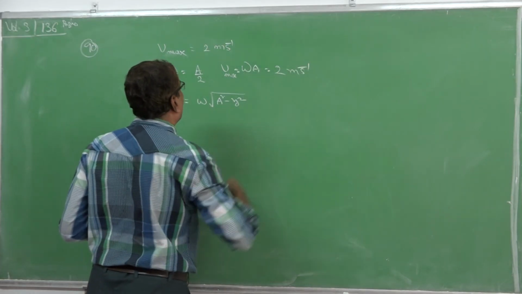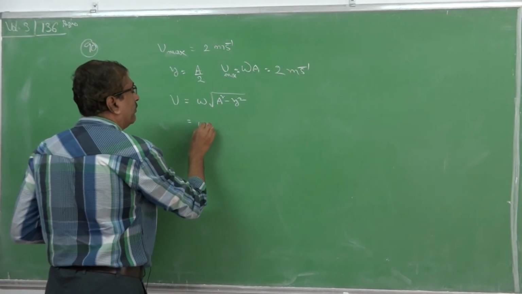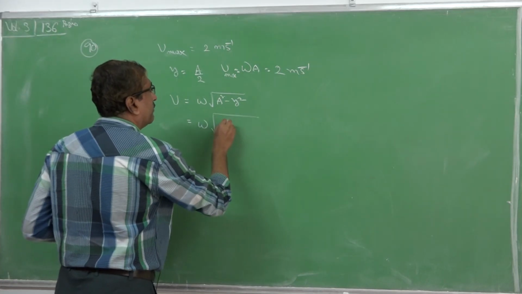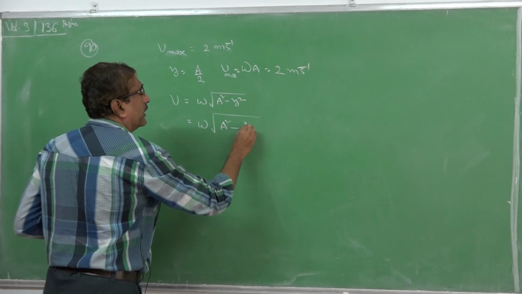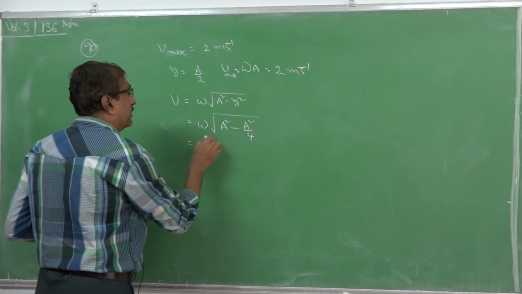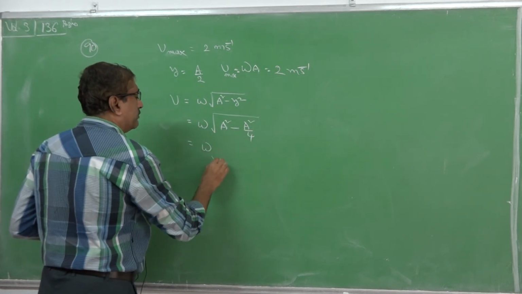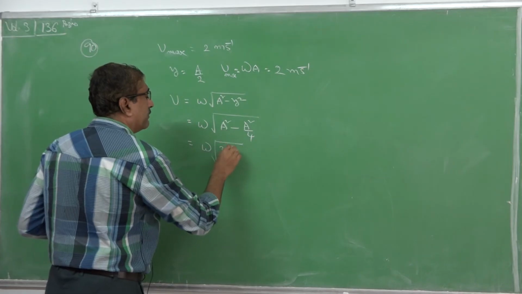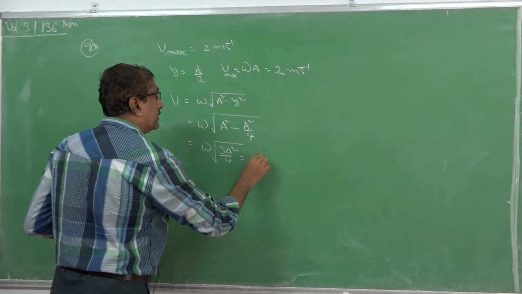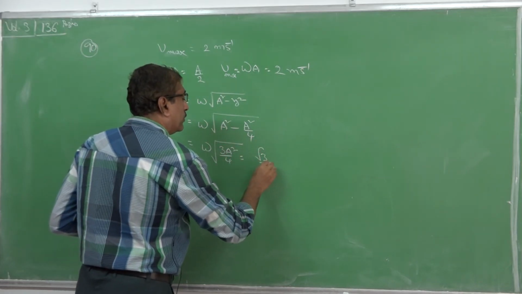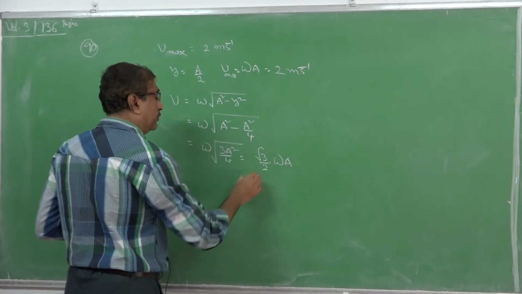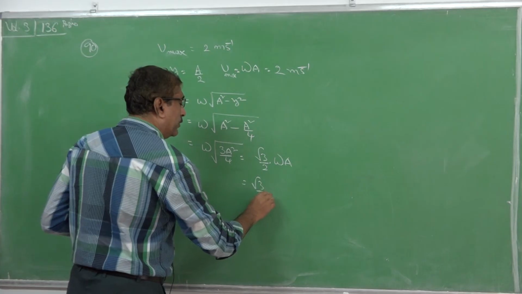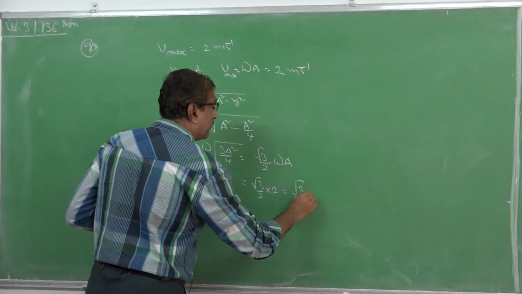So this equals omega into square root of A square minus A square by 4, that is omega square root of 3A square by 4, that is root 3 by 2 into omega A. Already omega A is 2, so root 3 by 2 into 2 is root 3.